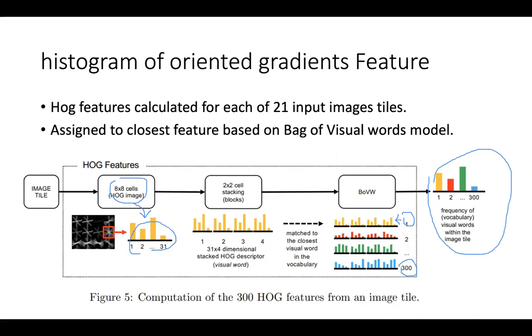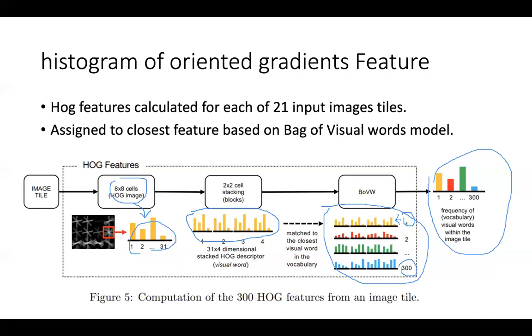So when we extract the 31 times 4 dimension standard HOG vectors, they are matched to the vocabulary, and this 300 is a predefined style or genre. Basically we're just mapping to these 300-dimensional vectors. Okay, that's all my description.